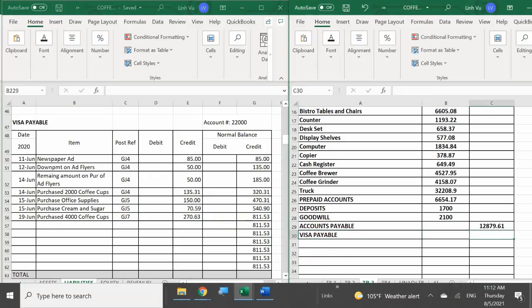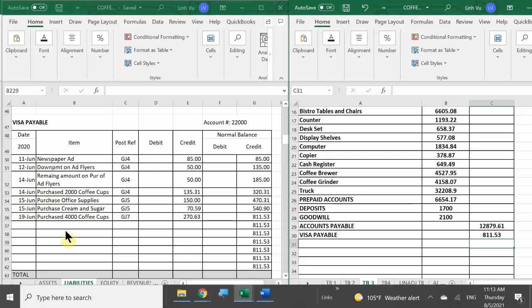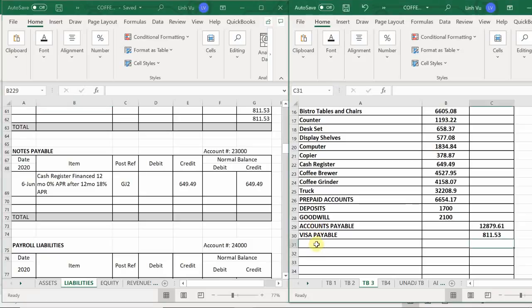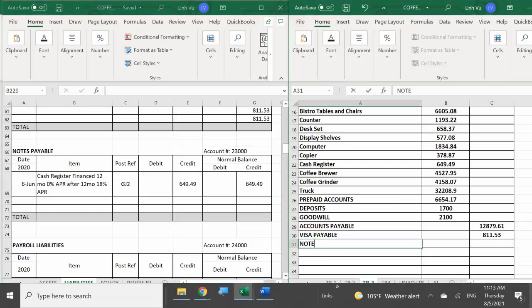How much do I owe my credit card now? $811.53. And I have a notes payable for $649.49.